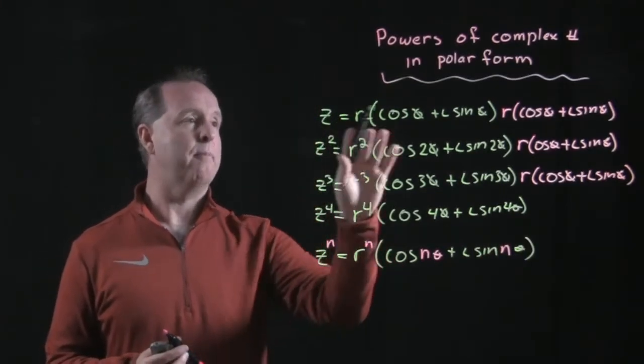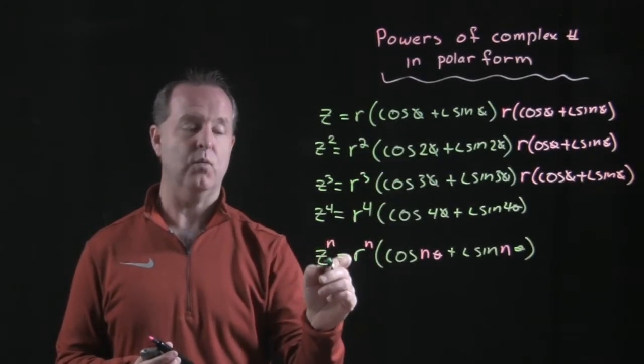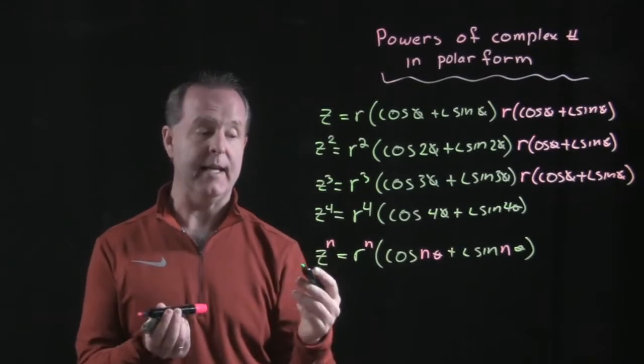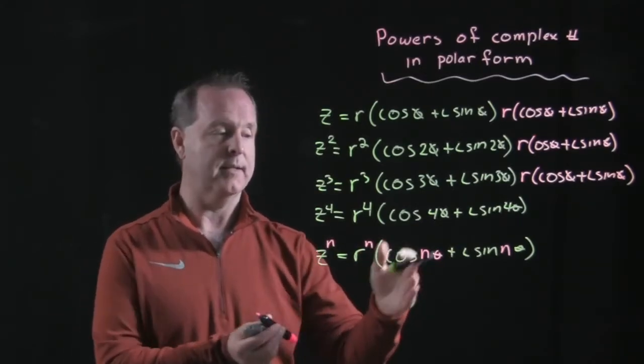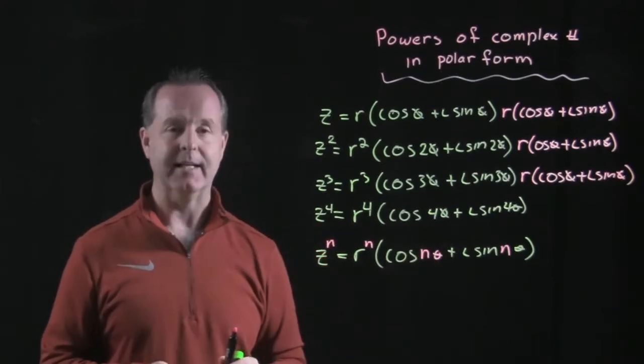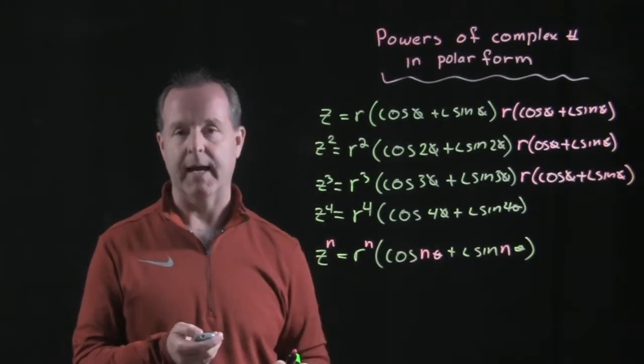So we're looking for a power of a complex number in polar form. So we have the complex number raised to the nth will equal the modulus raised to the nth and the cosine of n times the argument plus I sine of n times the argument. So let's look at an example then of how we can use that.